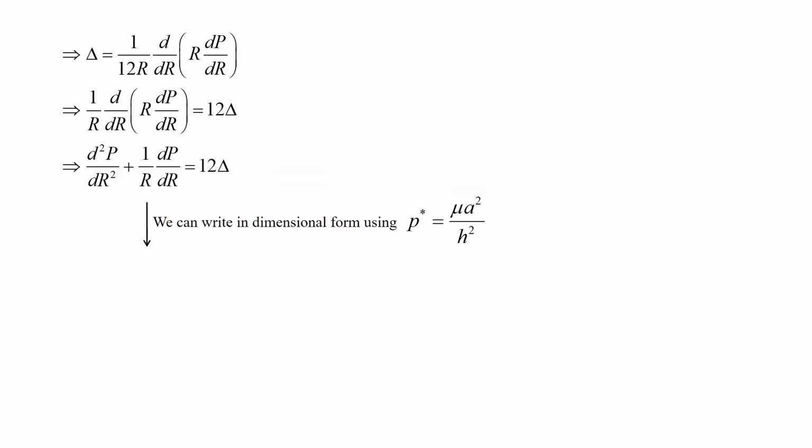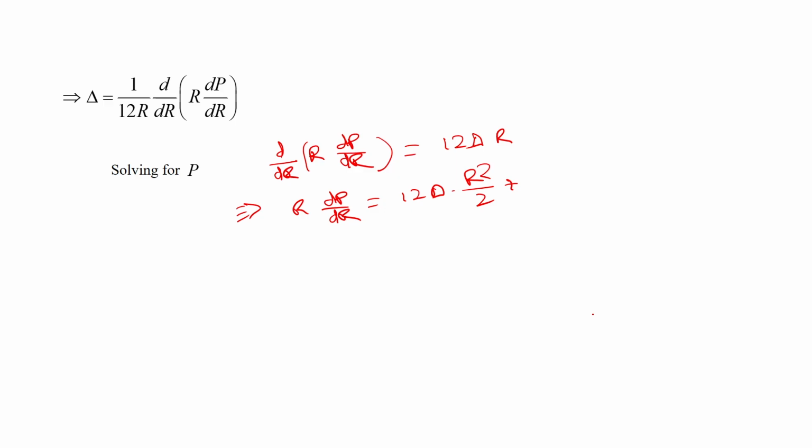Let us say the constant is a dash. So, this is equal to 6 delta r square plus a dash, and so dp by dr is equal to 6 delta into r plus a dash by r.